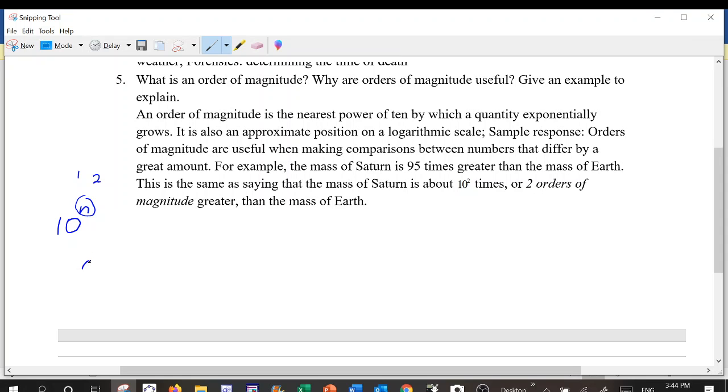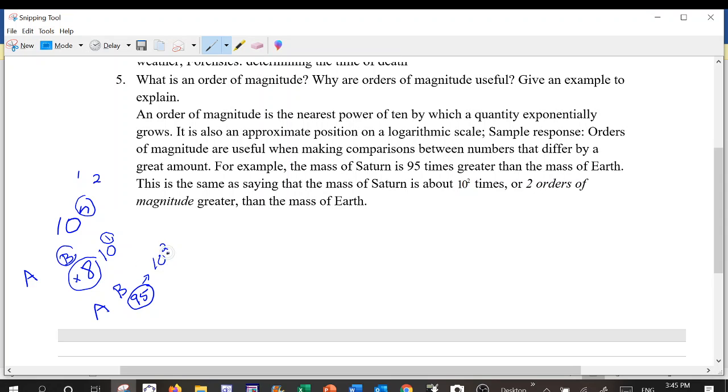Now, if something is, let's say, 8 times bigger than something else, say B is 8 times bigger than A, to use order of magnitude we have to see 8 times bigger is closer to what power of 10? Well, 8 times bigger is like 10 to the first power bigger, so we can say B is 1 order of magnitude bigger than A. Suppose B is 95 times bigger than A. Well, 95 times bigger is closest to 100 times bigger, which is 10 to the second power.